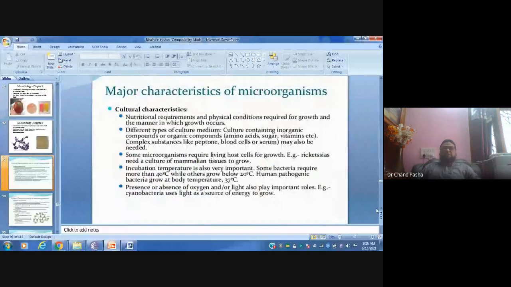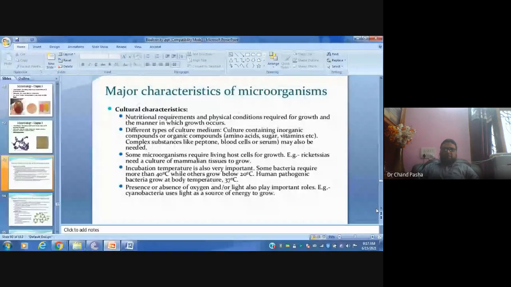Next, cultural characteristics. In morphology, we see what type of growth it is, whether a pellicle growth, a suspended growth, or a bottom growth. In cultural characteristics, we get what nutrient requirements it has. Fungi prefer more carbon source than nitrogen source, whereas bacteria prefer more nitrogen source than carbon source.